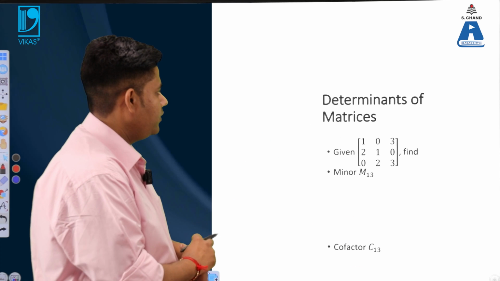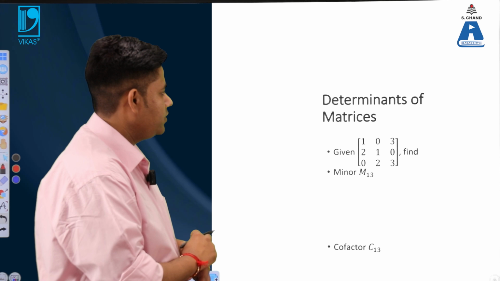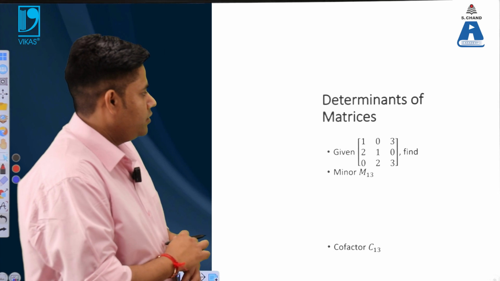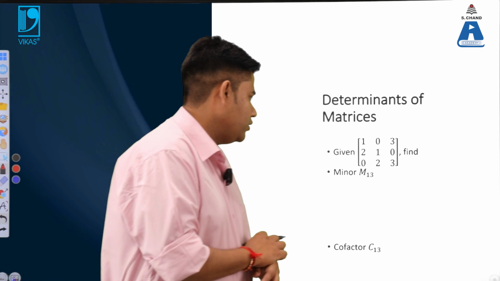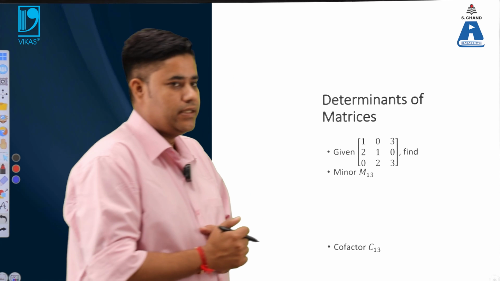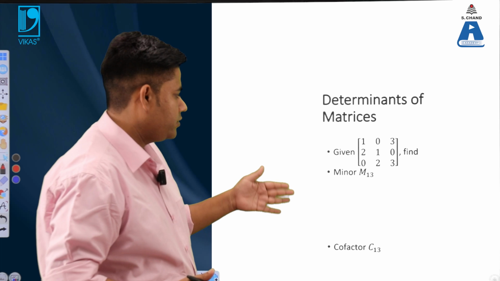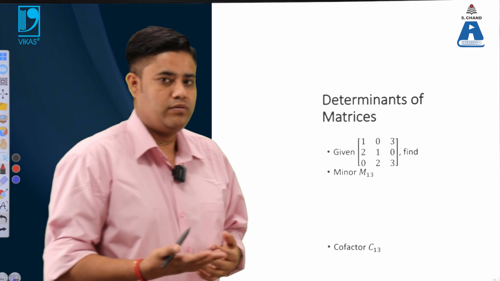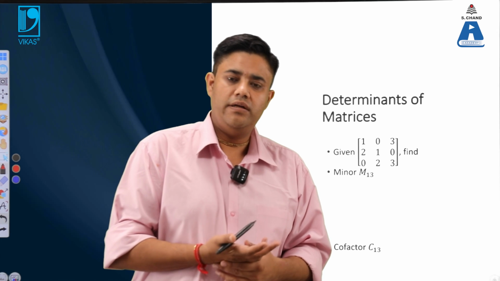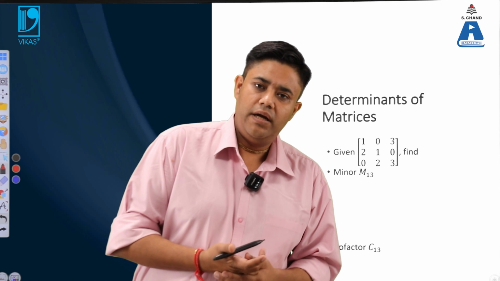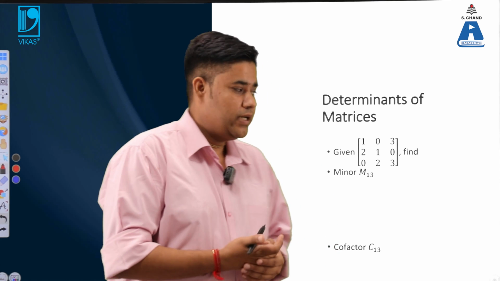Then we have a procedure to find out the minors and cofactors of the particular matrix. Sometimes in the question it is required to find out the minor of a particular matrix and the cofactor of the particular matrix.